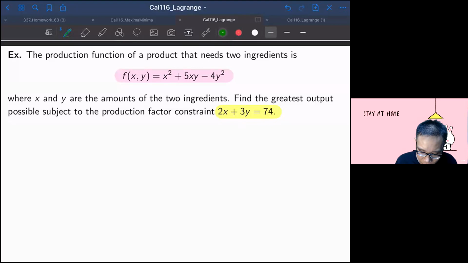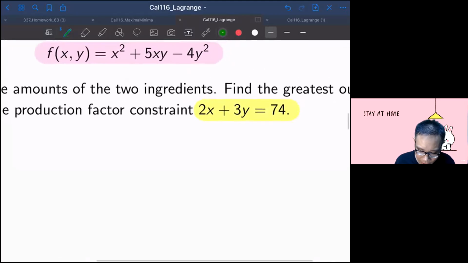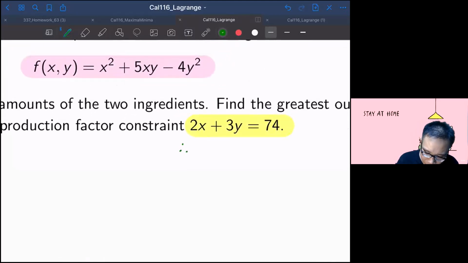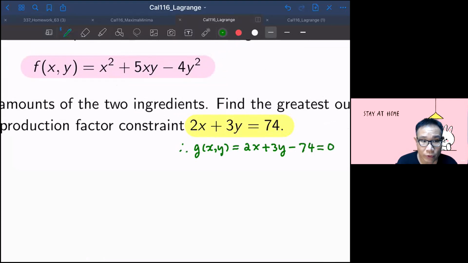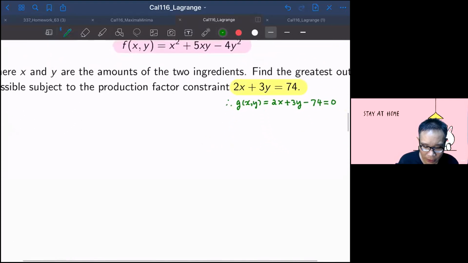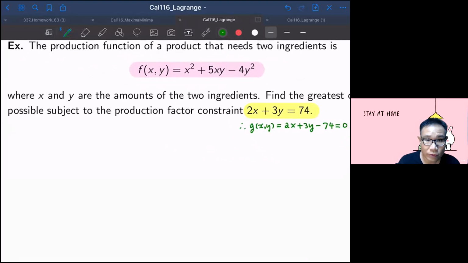So if you read the question, you see that this will be your g(x,y) equal to 2x plus 3y minus 74 equal to 0. So this one will be your constraint, and you have your f(x,y) given by x squared plus 5xy minus 4y squared.